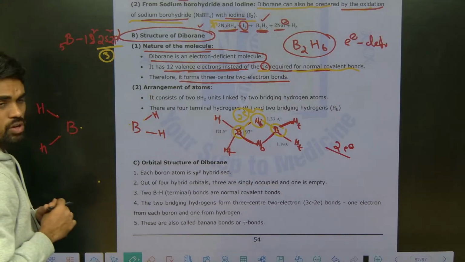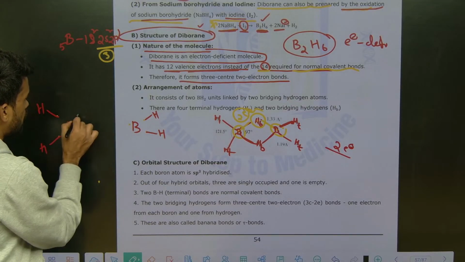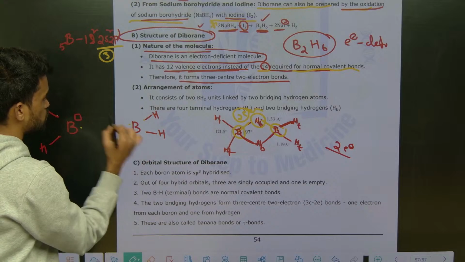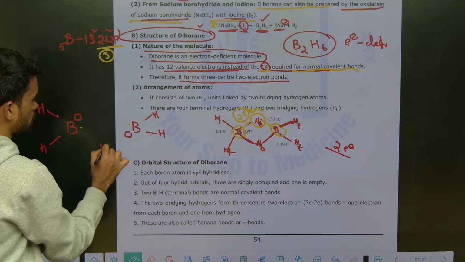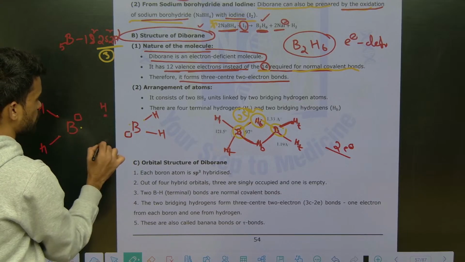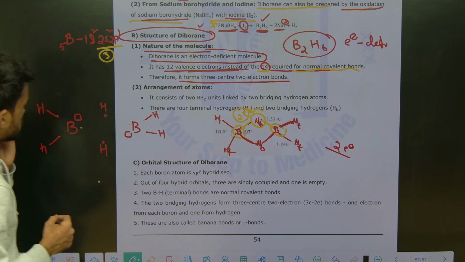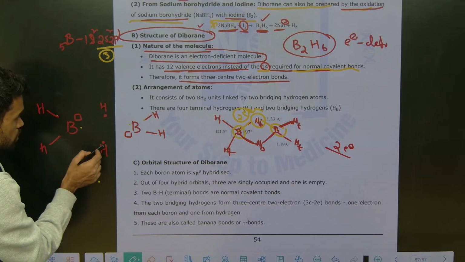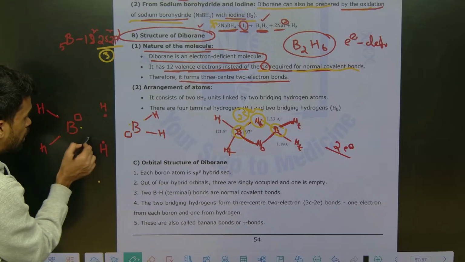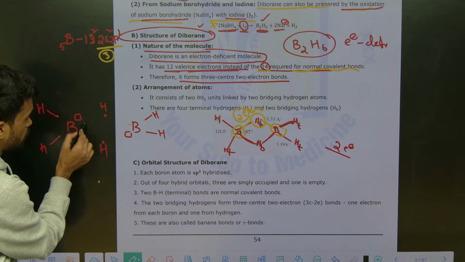After this, if you observe, there is only 1 electron and one vacant orbital with each boron. Next I am writing one more hydrogen here, and each hydrogen has 1 electron. So boron has only 1 electron and a vacant orbital.